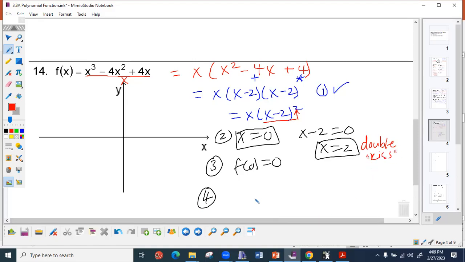Okay. So we're dealing with the multiplicity and then our end behavior. Looking here, we have an odd positive. So what is our end behavior doing? On the right side, what is Bob's hand doing? On the left, he's going down, but on the right, he is going up. So the positive tells me my right, the odd tells me my left.